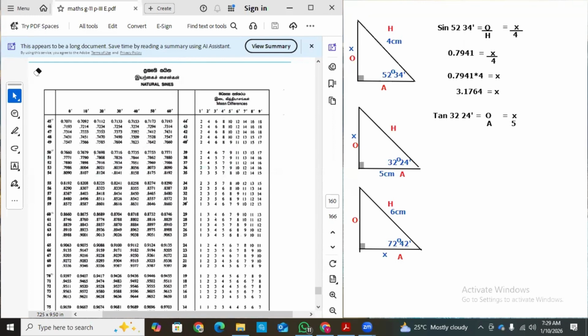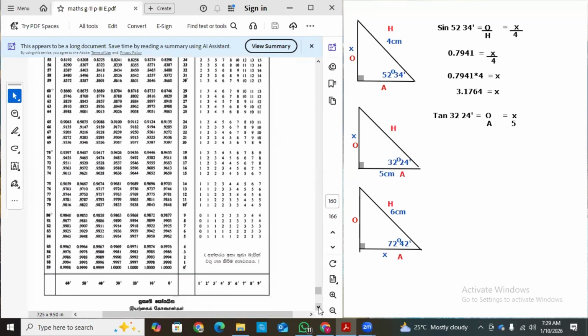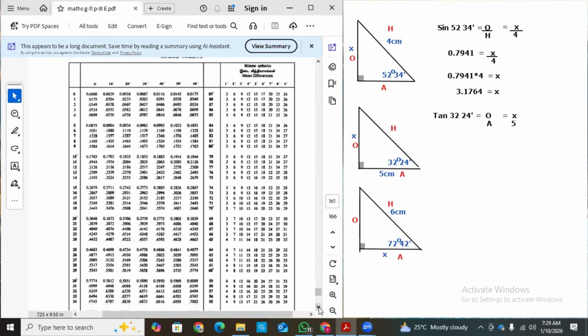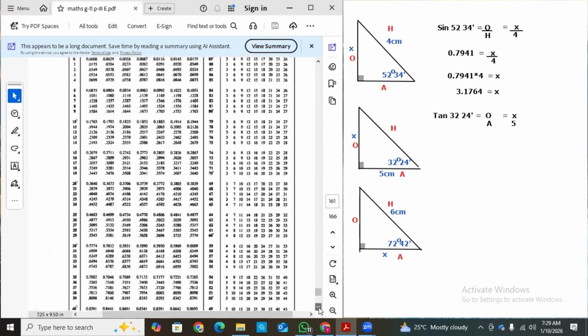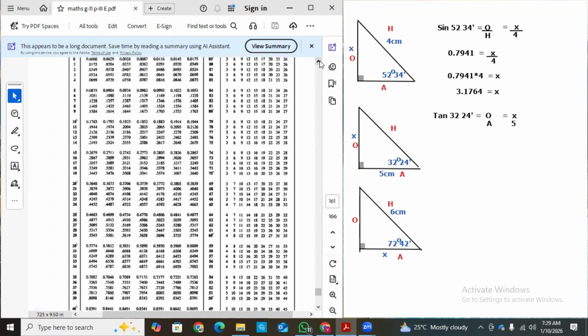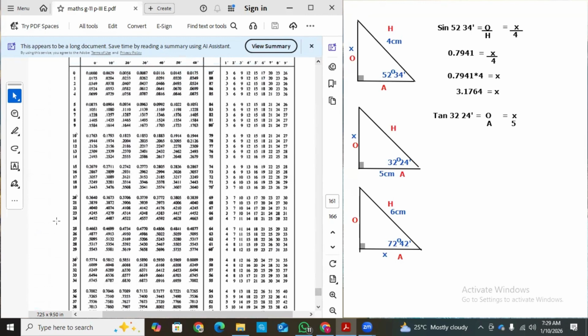The tan 32, 24. Okay, we'll try to find them. Tan 32, 24. Here, the tan 32. Hope you all can see this tan 32 and then 24.